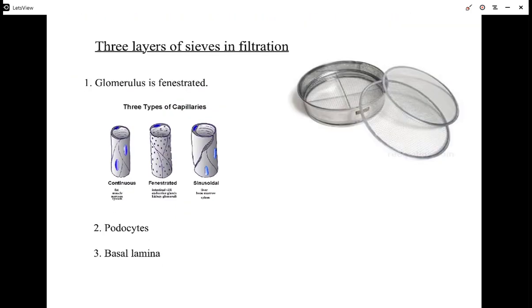I mentioned the word sieve already, and I'm going to use it here again. We can almost think of the renal corpuscle, and particularly the glomerulus and the wrappings around the glomerulus, as being like layers of sieves. So here's a traditional sieve that we might actually use in certain types of ecology, where we're looking for organisms in the sand, small stuff, or stuff in the mud.